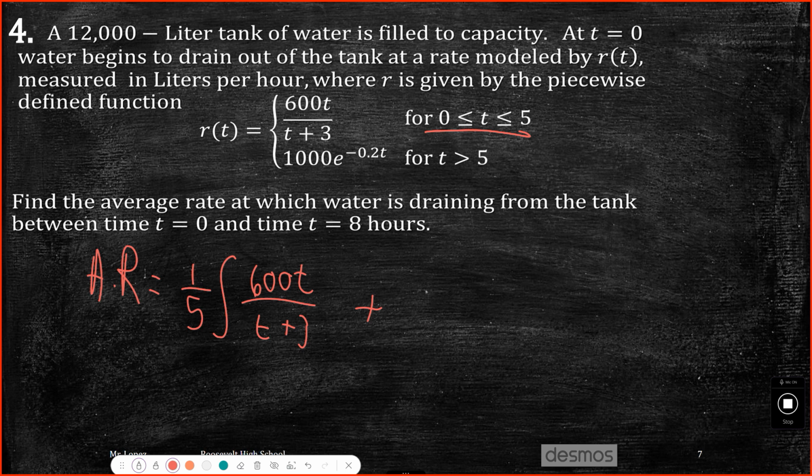And this other one is going to be from 5 to 8. It's going to be 1/3, and it's going to be the integral of this dt. And then this is 1,000 e to the negative 0.2t dt. Because it's a piecewise function, this average plus that average, I'm almost thinking, get these two and divide it by 2.